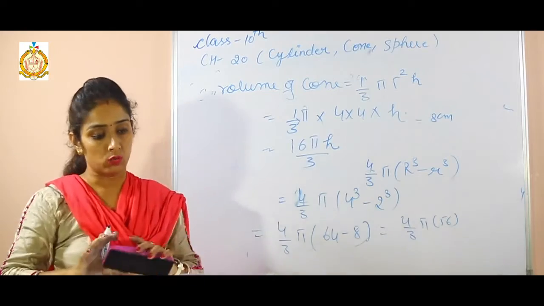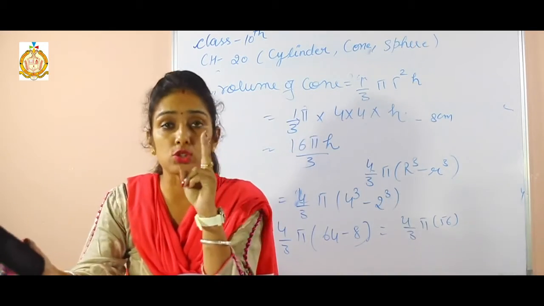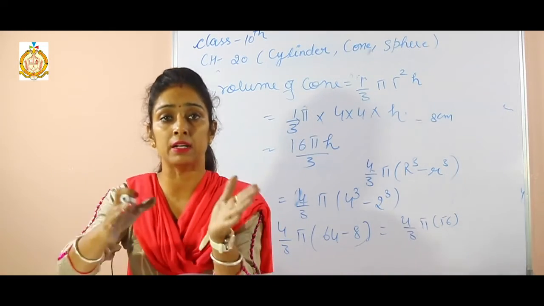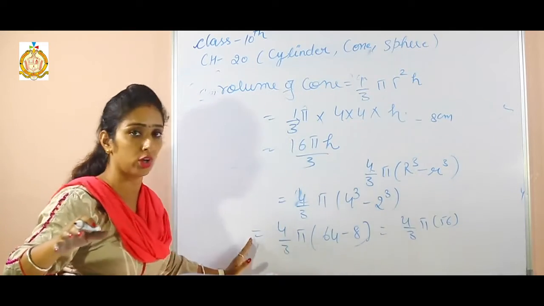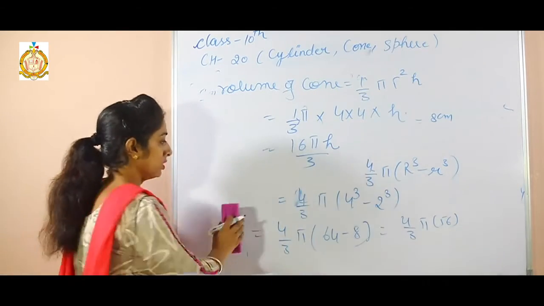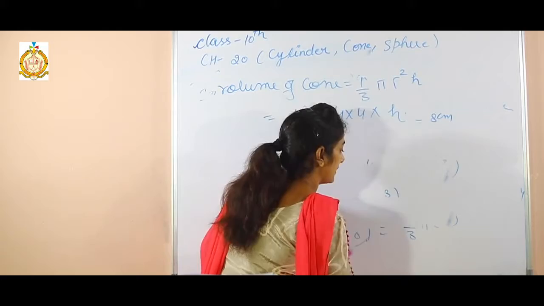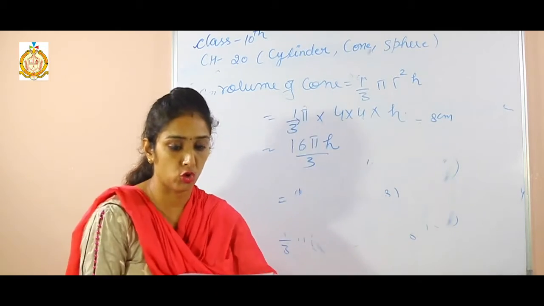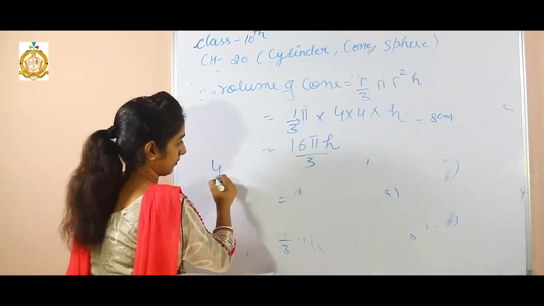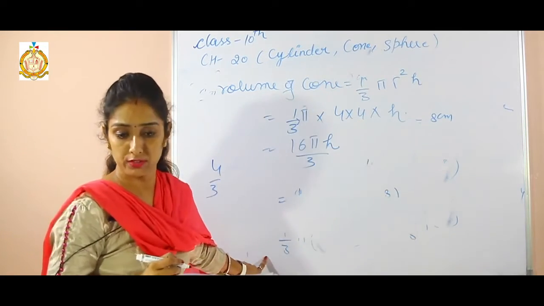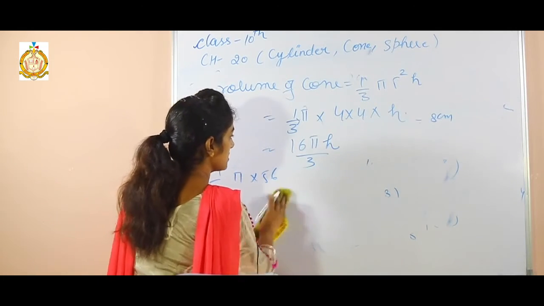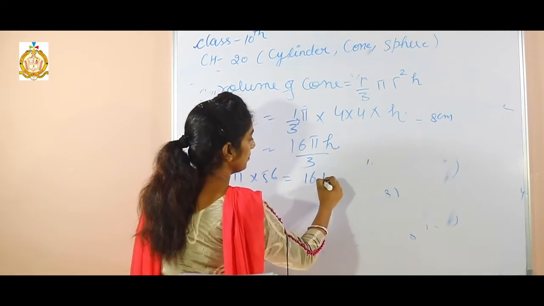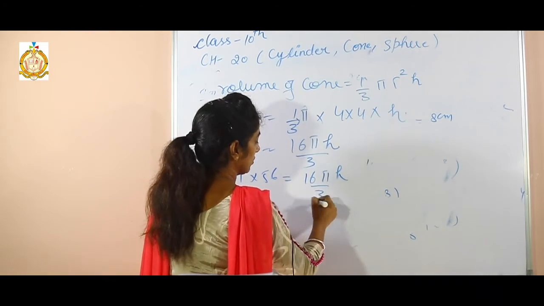Okay. Now he said that there is a hollow sphere melted into a cone. So the volume of the sphere and the volume of the cone are equal. So we can write 4 by 3 pi into 56 is equal to 16 pi h over 3.